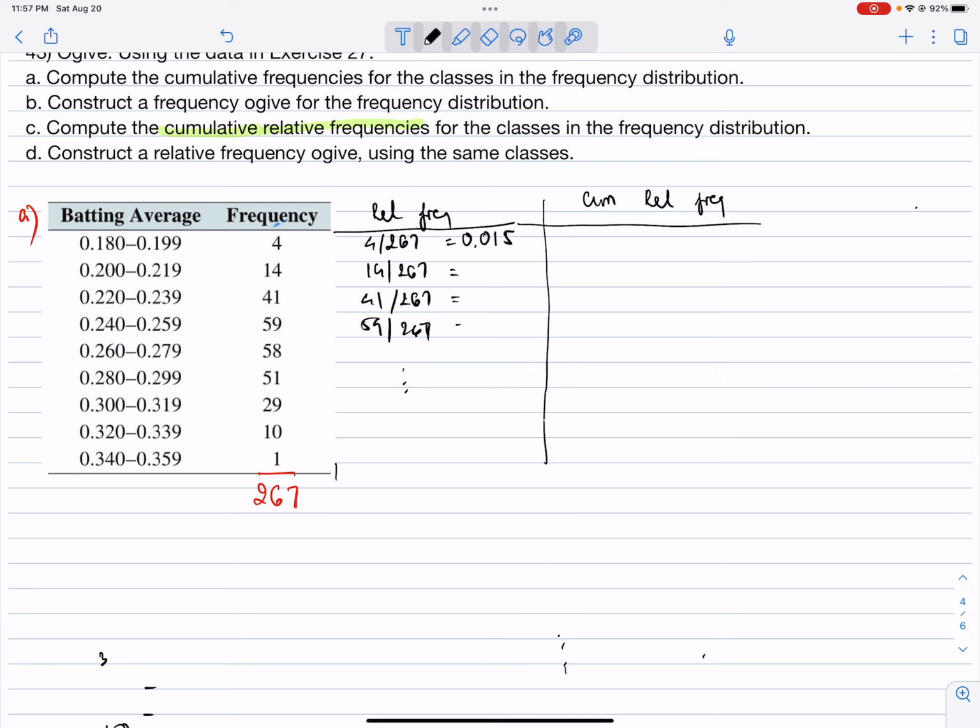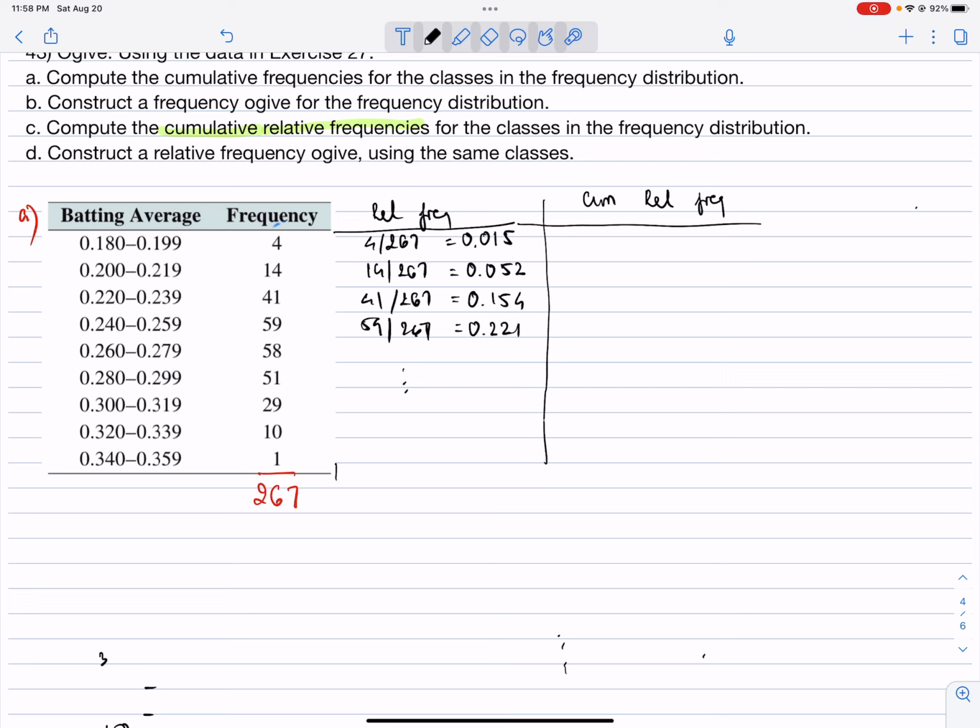And then 14 divided by 267, 0.052. Then 41 divided by 267, we got 0.154. 59 divided by 267, so we got 0.221, and so on.